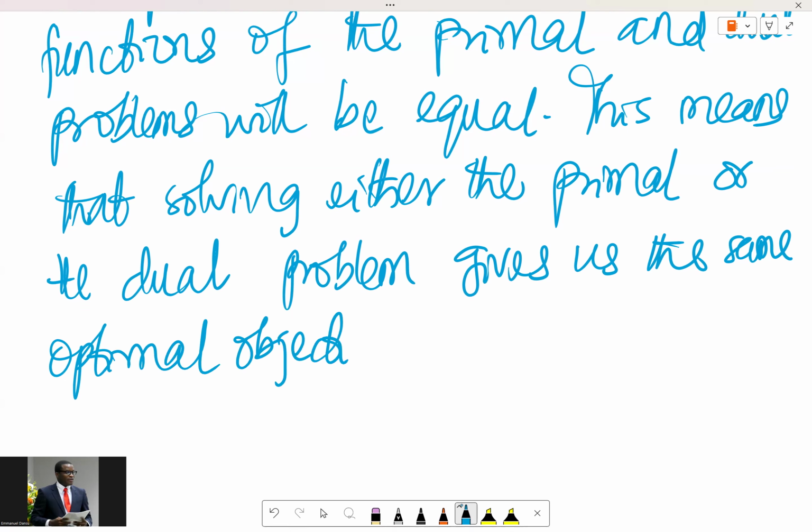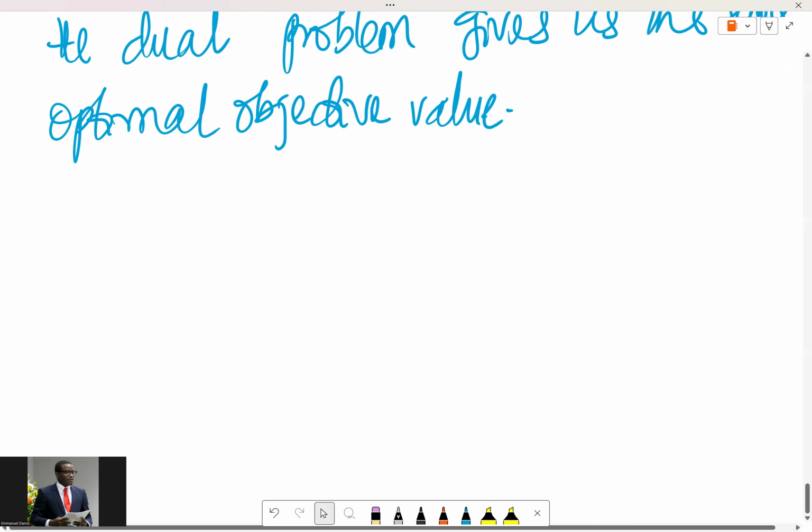Mind you, just the Z and W, right? Z is equal to W, but x1 and x2 may not be exactly the same as y1 and y2. That's what the strong duality theorem is about.